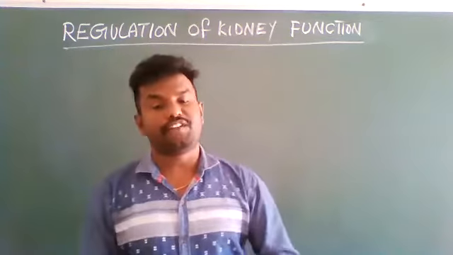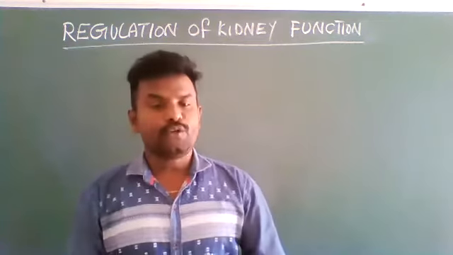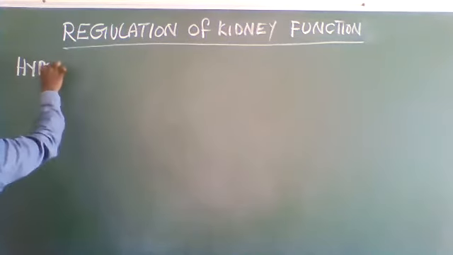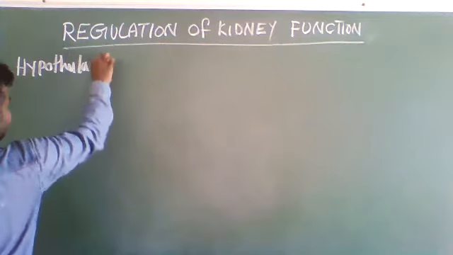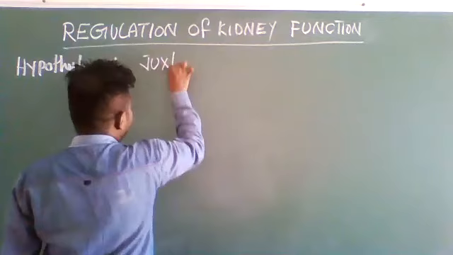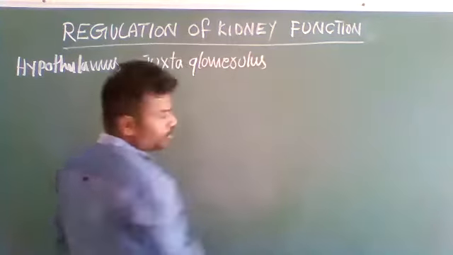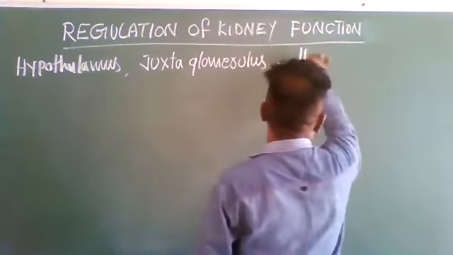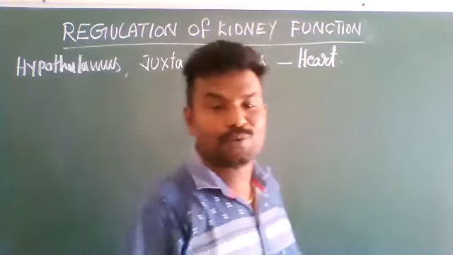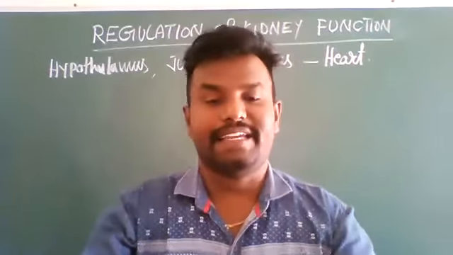The hormonal feedback mechanism involves the hypothalamus, the juxtaglomerulus, and, to a certain extent, the heart. These three play a major role in regulating and monitoring the kidney.